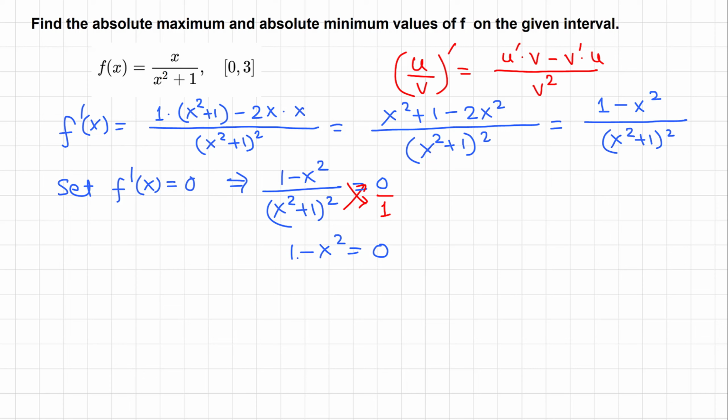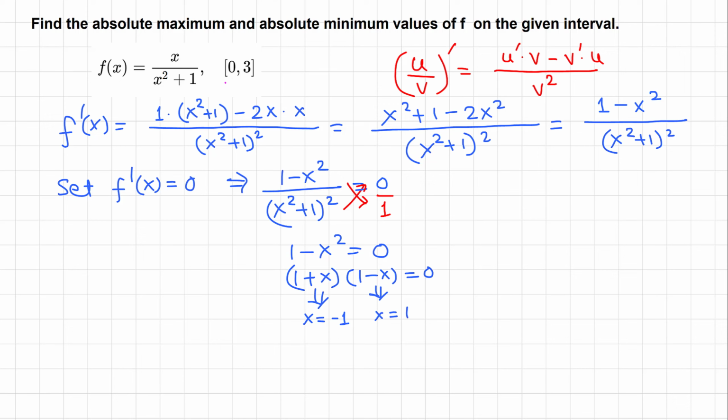Now we can factor or we can move 1 over. Either way we get 2 x values. Let's factor. This is the difference of 2 squares, so (1 plus x)(1 minus x) equals 0. From this, 1 plus x equals 0 means subtract 1 from both sides, x equals negative 1. From here, x equals 1.